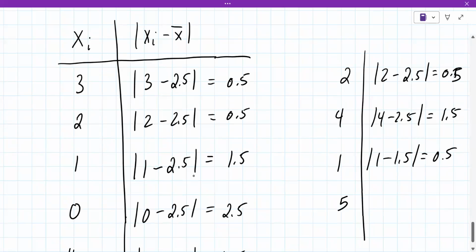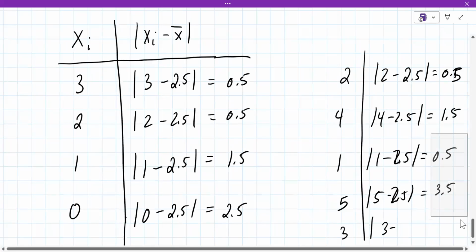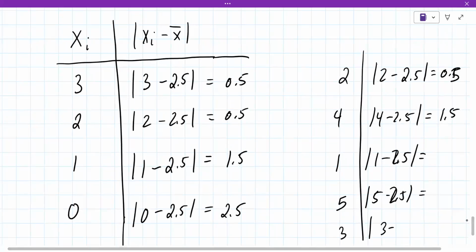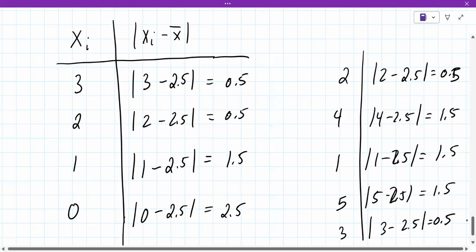And then 5 minus 1.5 is 3.5. I'm sorry, I got where I stopped doing this correctly. 1.5, 1.5, 0.5.